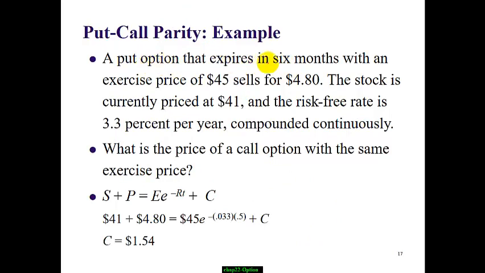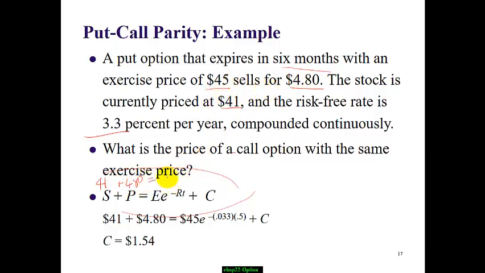Let's take a look at one example. A put option expires in 6 months. The strike is 45, and it sells for $4.80. The stock is currently priced at $41, and the risk-free rate is 3.3%, compounded continuously. What's the price of the call option? So we will lay out put-call parity. The stock is $41. The put option sells for $4.80.